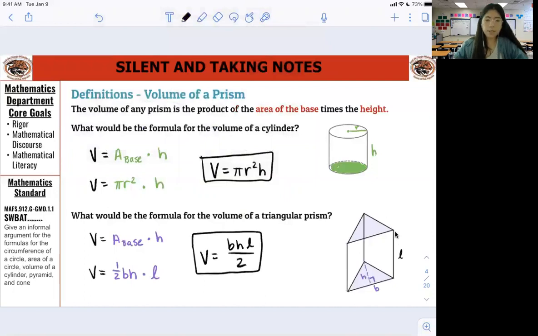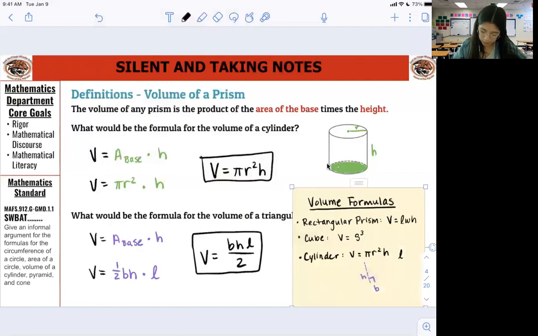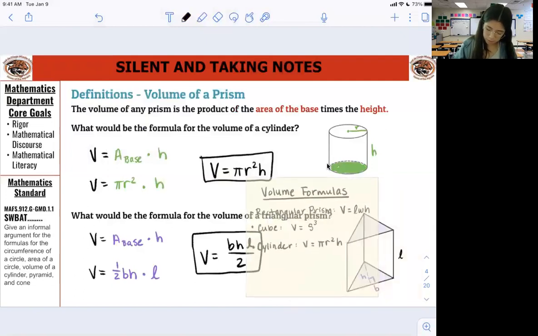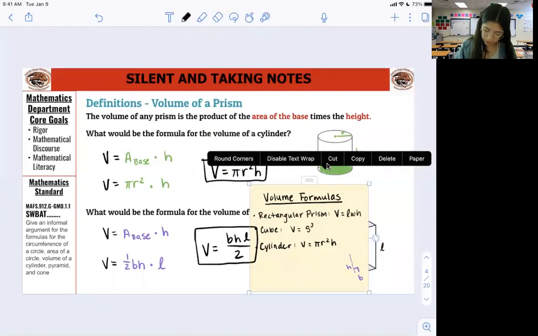All right, so there's our cylinder and our triangular prism. Any questions on those two? Cool. Let me bring this thing back, which doesn't want to.